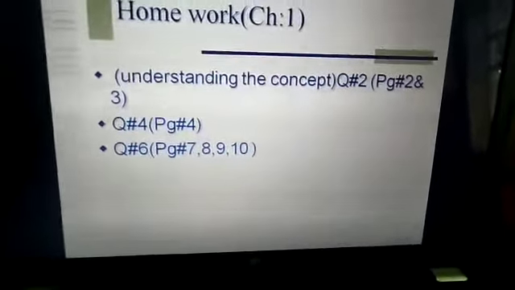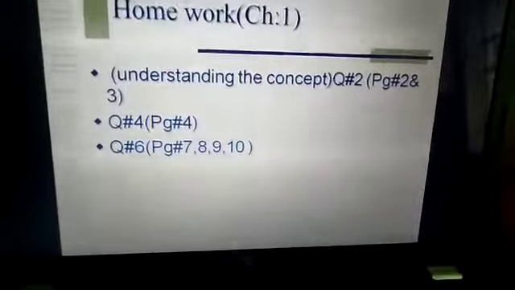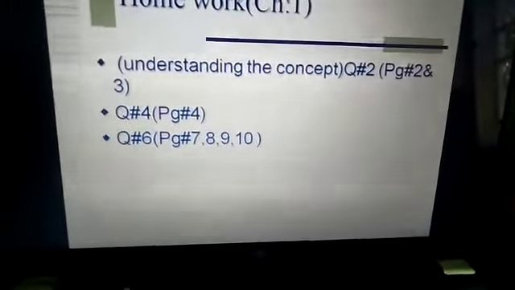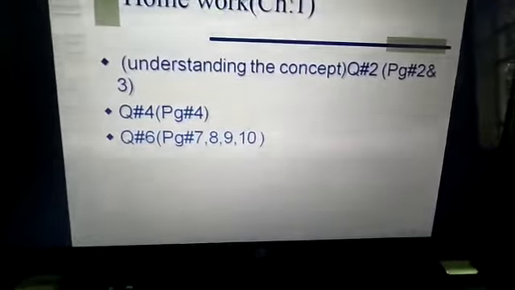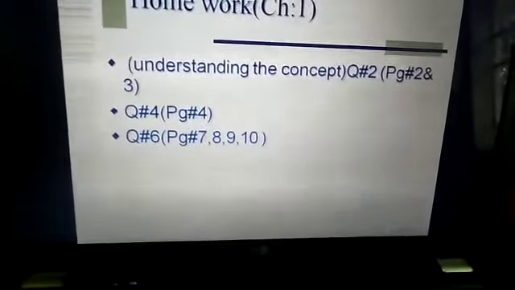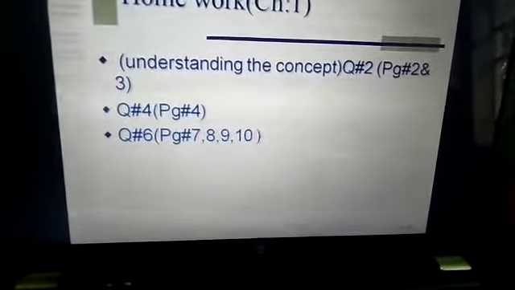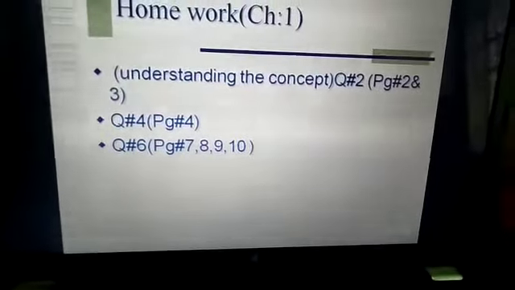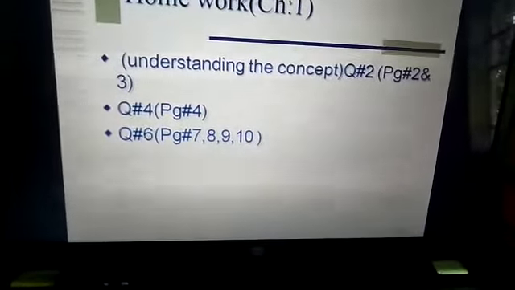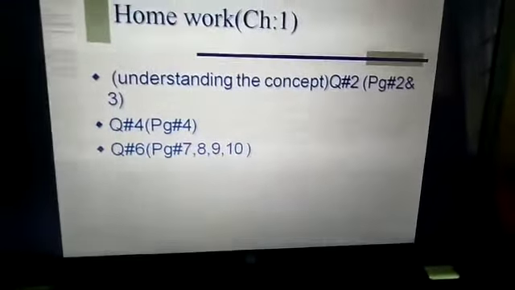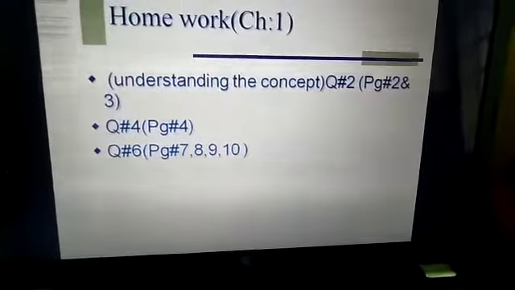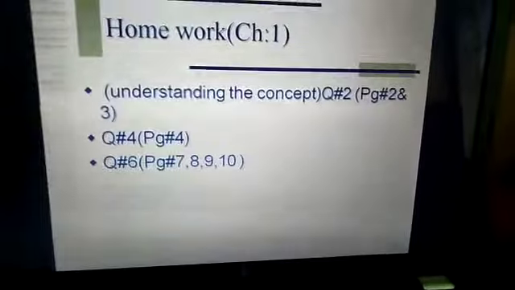The second question which you have to do is question number 4. The answer is present on page number 4. And then comes question number 6 and the answer is present on pages 7, 8, 9 and 10. And you have to write those points which I have discussed in the lecture in your neat books.